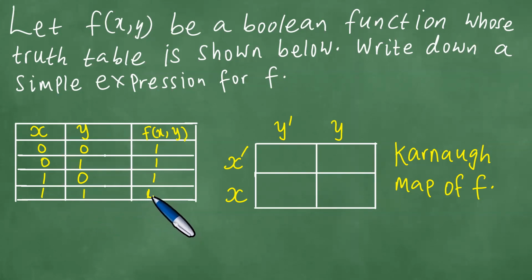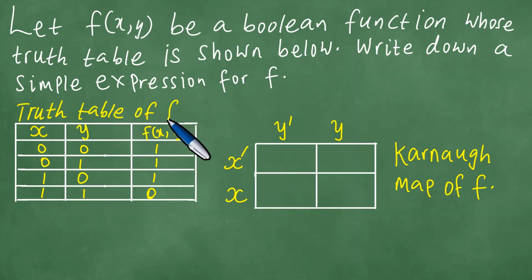So this is going to be 1, 1, 0. Okay, at this point, the truth table of f has been given. So you see, the truth table of f has been given: 0, 0, 1, 0, 1, 1, 1, 0, 1, 1, 1, 0.